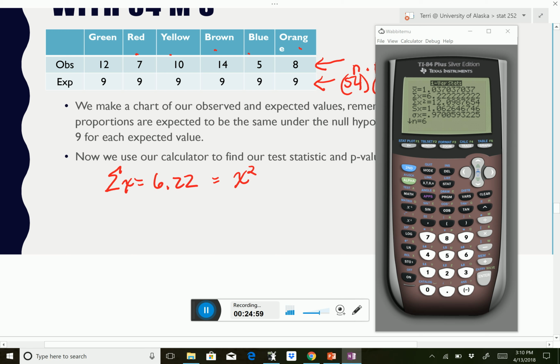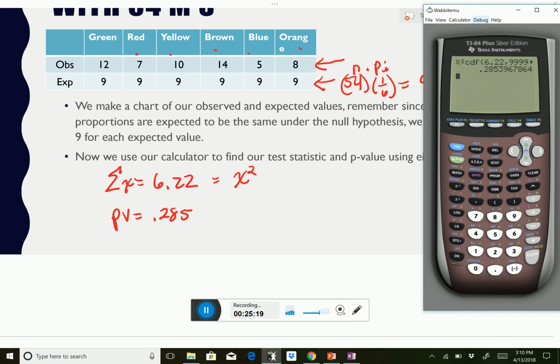So now I'm going to go to distributions, go to number 8, chi-squared, and now this is 6.22. And now when I paste this, it won't be so tiny. Okay. Now my p-value is 0.285, which completely changes my conclusion. So now I would not reject the null.